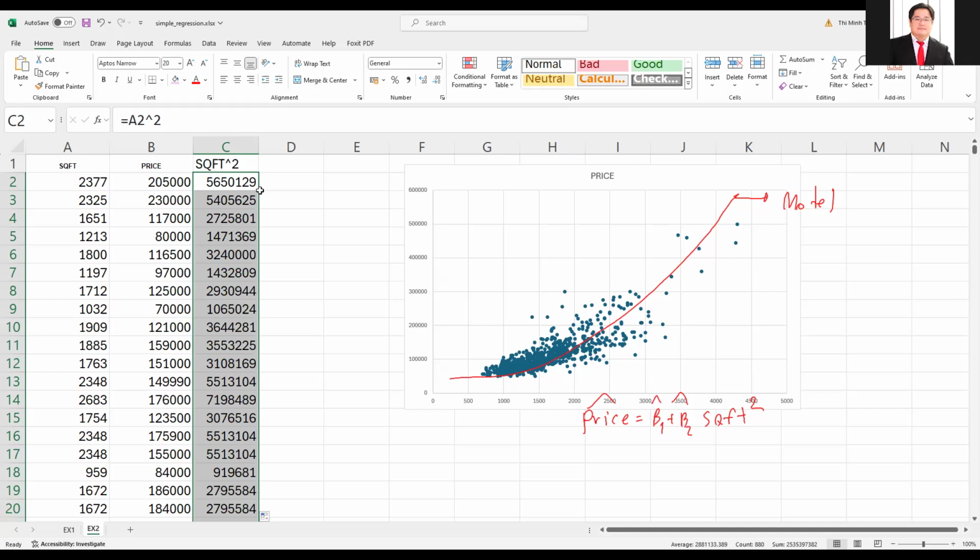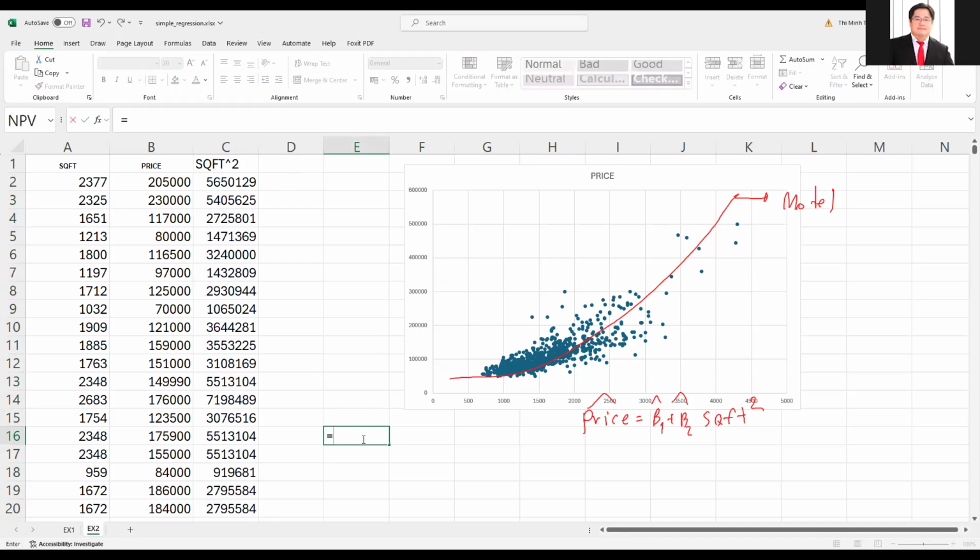Okay, you go to the corner, click it. And then let's try to use this function. Equal LINEST.